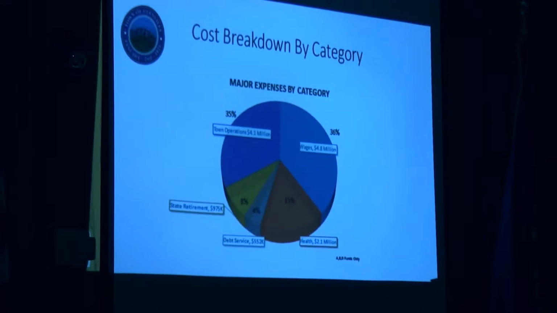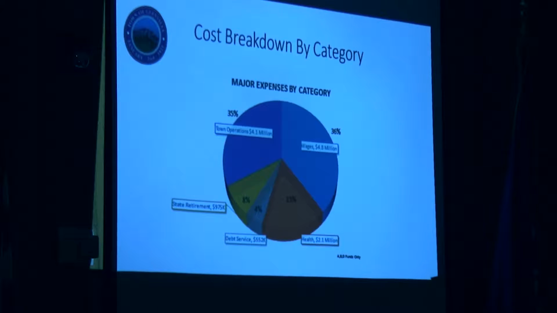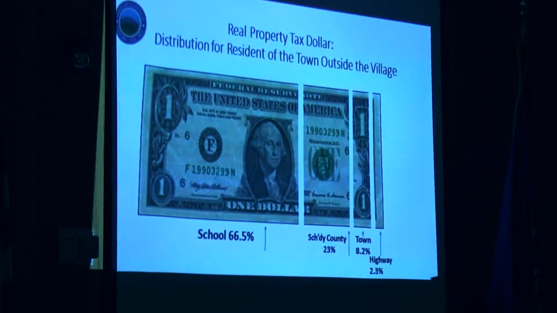So all told, about 60% or so goes to wages and salaries and benefits. Debt service is almost $500,000, and then the rest of the town, at $4.1 million, is run on that revenue.